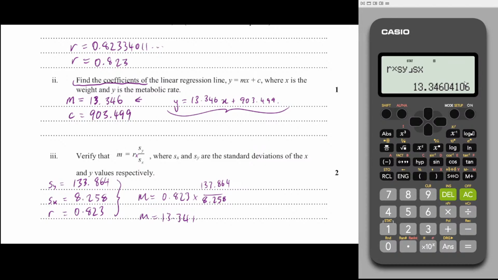And it gives you the number that we just got. In fact, it actually gives you a number that's closer because it hasn't had to round like we did. So, much better way of doing that. But you would need to show your working out anyway. So this way is a no-no for your test unless it just said find the value of m is equal to r times sy over sx. So if you know what that was equal to, you do it that way.